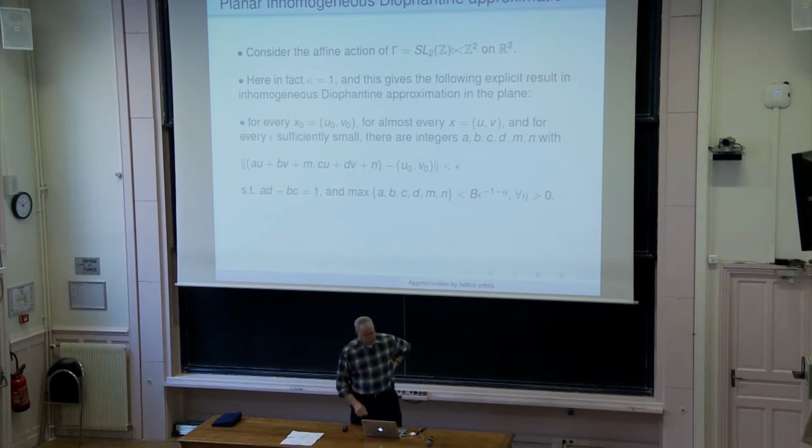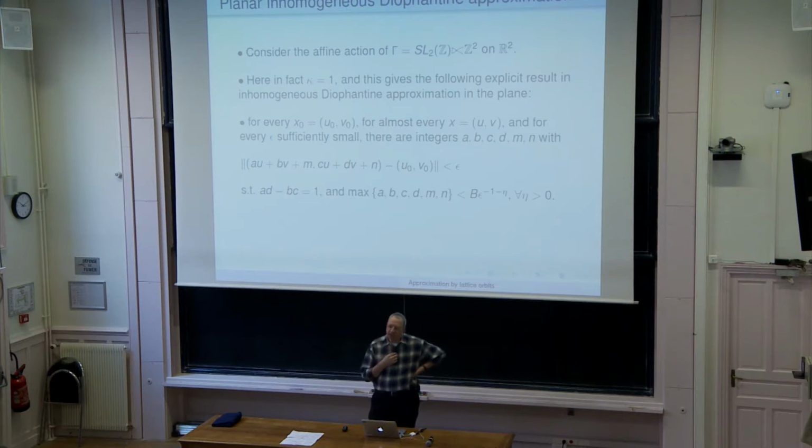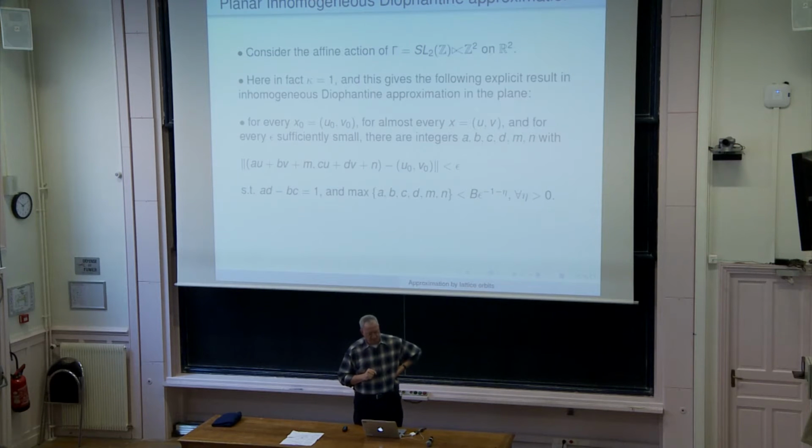So eta equals 0 is not possible? Sorry? Eta equals 0 is not possible? That's a very difficult question, and I don't know the answer. It's a feature of almost every argument in this analysis that you have this fuzz, this slack. Whether it's literally impossible, I don't know. But I do know that you can't go strictly less than 1.